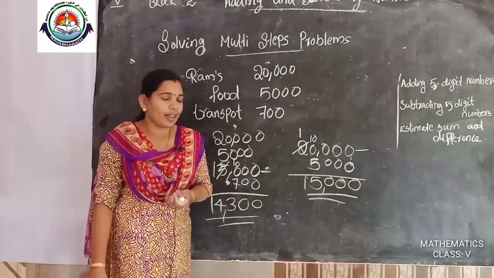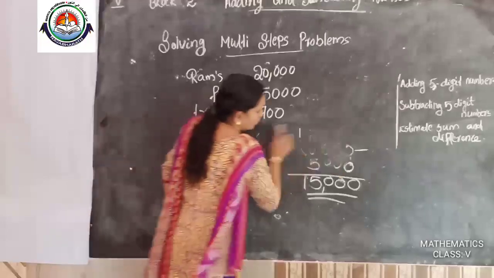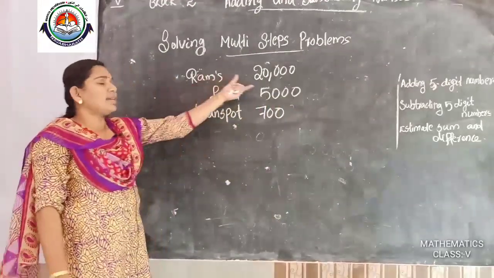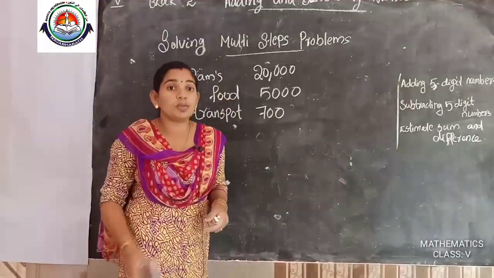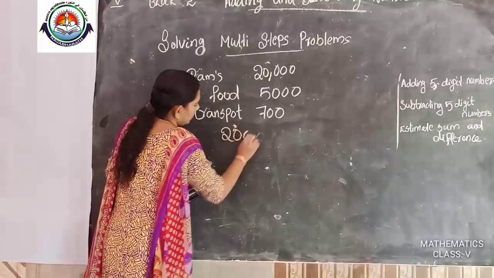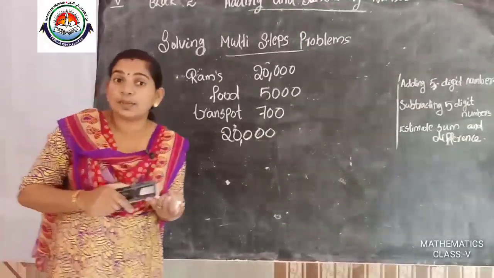Then we will reduce the steps. Are you ready? Then I will show you. Here his salary is 20,000. Then he spent money for transport and food.